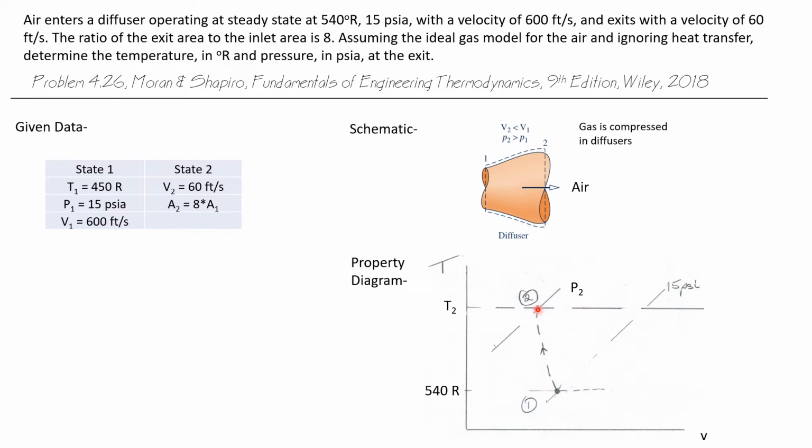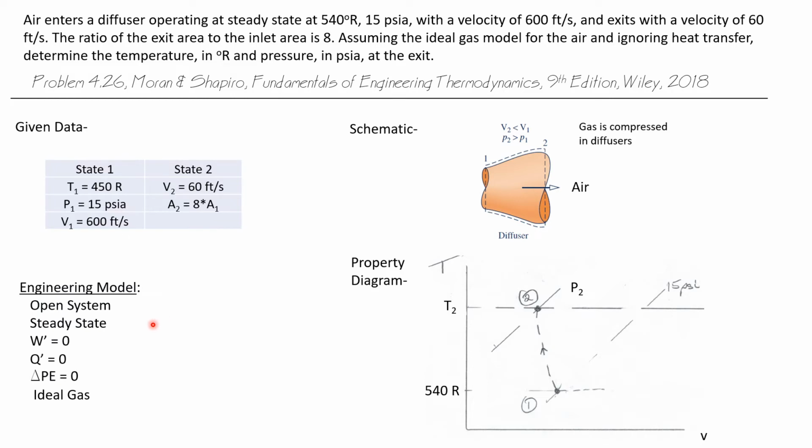The only thing now that's unknown is whether or not the specific volume is less than state 1 or greater than state 1. But remember, gas is compressed in diffusers. So state 2 is going to have a specific volume that is less than the specific volume at state 1. So we'll plot state 2 over here. And again, we've got an unknown temperature and an unknown pressure.